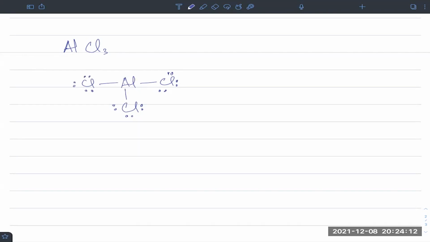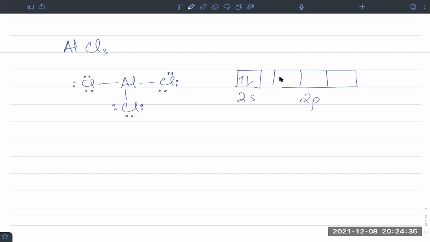And yet it's making a bond, and it's a pretty solid white compound. Now, here's what aluminium has in terms of electrons. Let's look at the last shell of aluminium. Aluminium is in period 3, group 3. So the shell means it has 3s, it has 3p, and group 3 means it has 3 electrons.